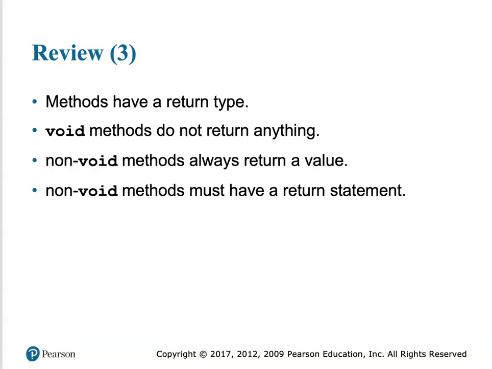We're going to be spending our time returning very complex objects from one object to another so that they can do more difficult tasks for us. If the return type is not void, there must be a return statement. Okay, so there has to be a return value, there has to be something to return, and we have to explicitly return it in that return statement.